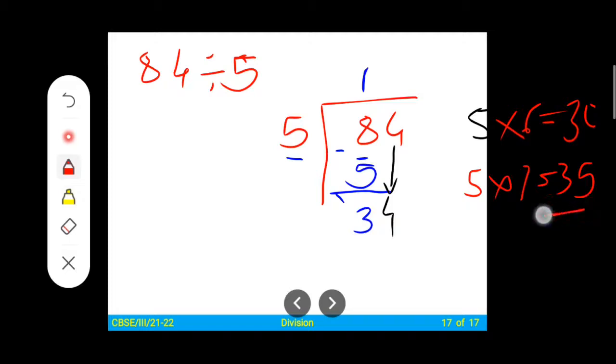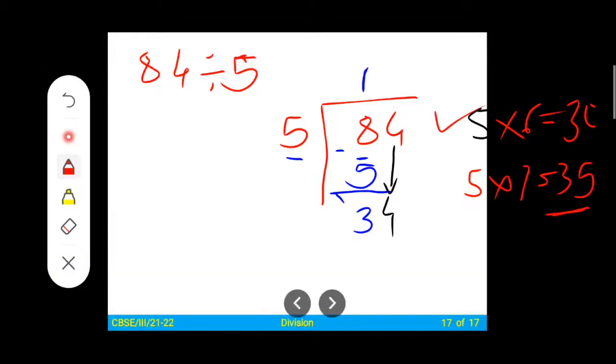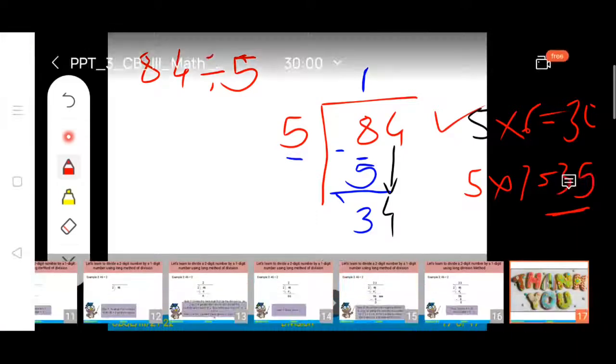So 35 is larger than 34, so you have to choose this one, means 5 sixes are 30.